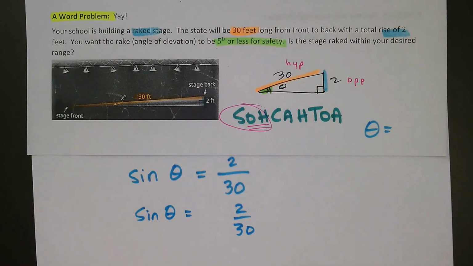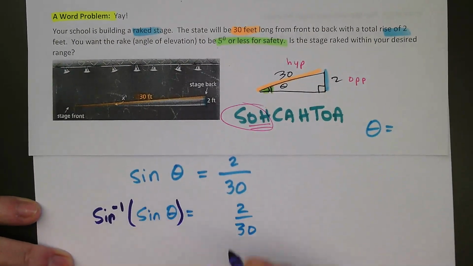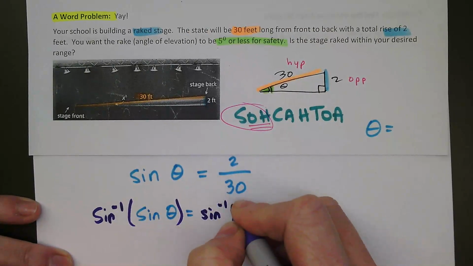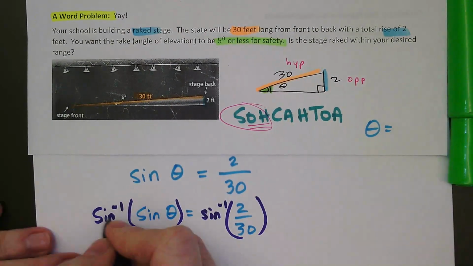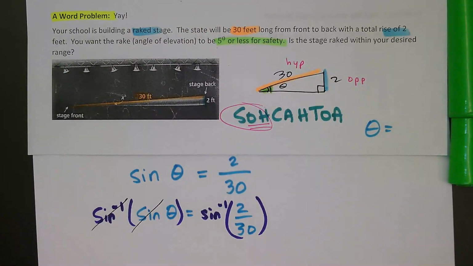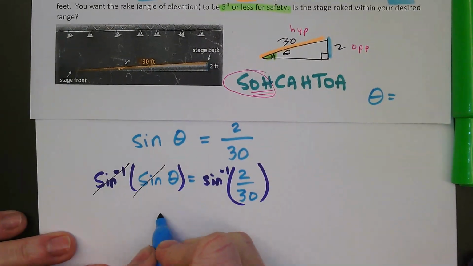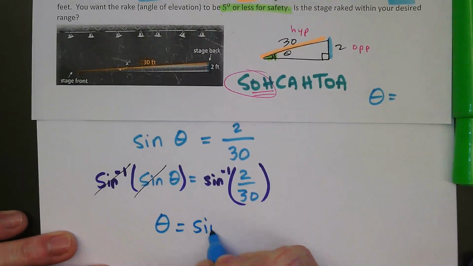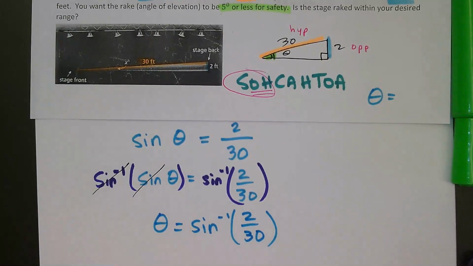We're going to do the inverse sine of here, and we're going to do the inverse sine of all of that. The reason that we do that is the inverse sine and the sine cancel out. They're inverse operations. They undo each other. So really all that we want to focus on here is that theta is the inverse sine of 2 over 30. And that can go directly into our calculator.